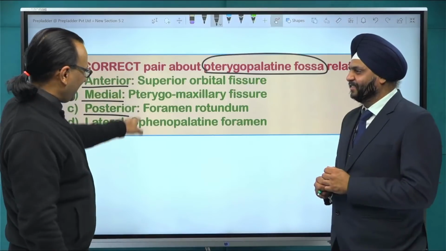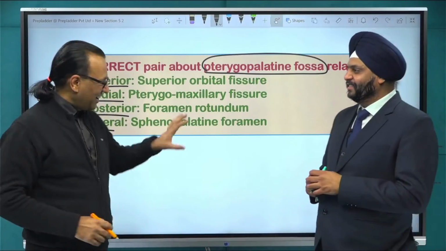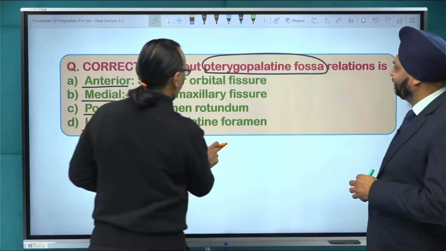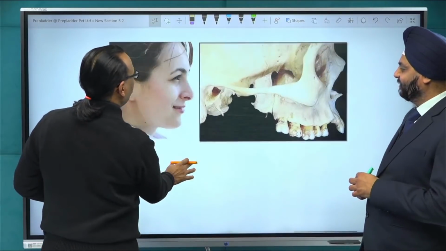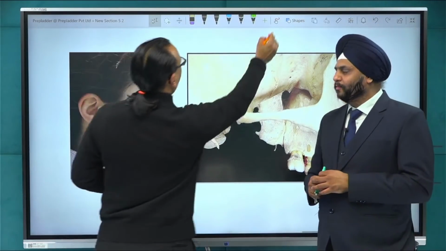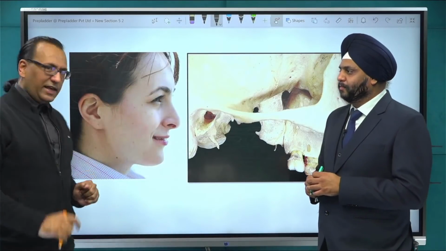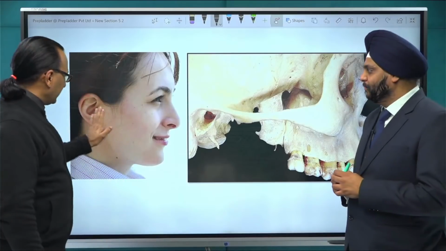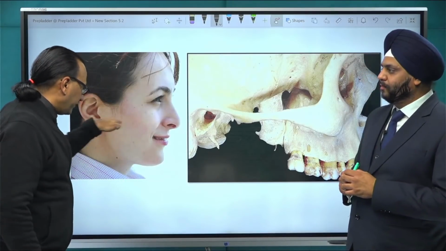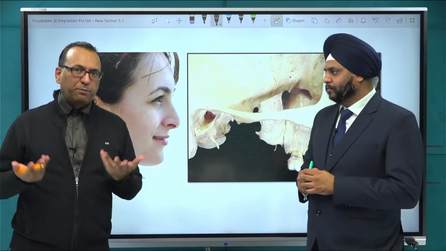Before moving on to the answer to this question, let me just take you to this diagram. You are looking from the lateral view now. There is a bone which is covering the roof of the oral cavity, which is called palate, so palatine bone.